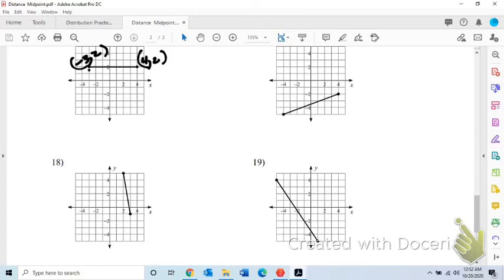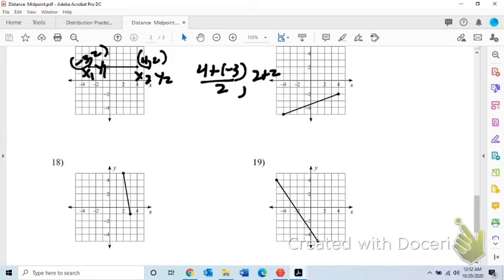So now that we have those, we're going to label them x1, y1, x2, y2. I like to go left to right. You can do it however you want, but just make sure that your points are labeled, and then go ahead, plug them into the formula. So we have 4 plus negative 3, that's x2 plus x1 over 2.